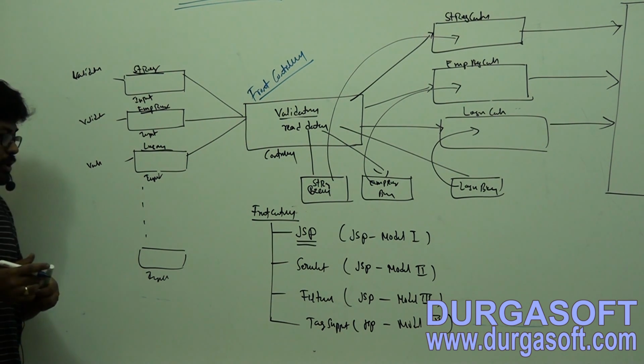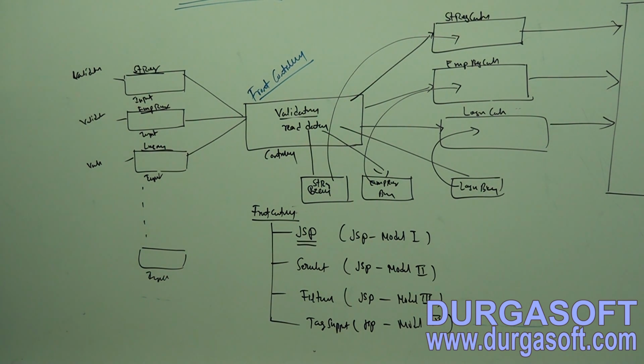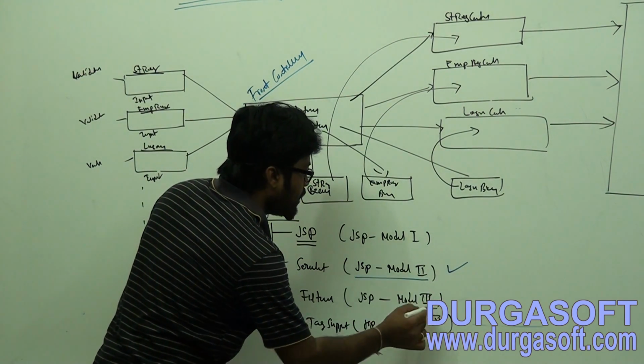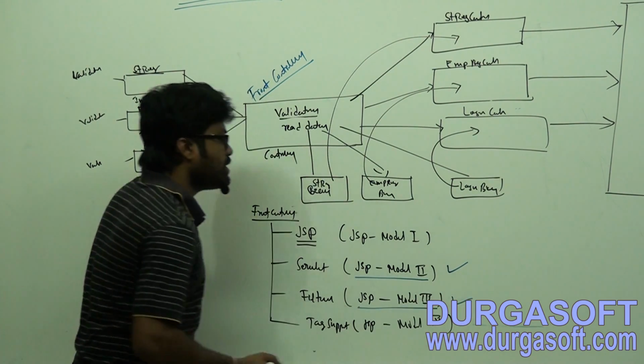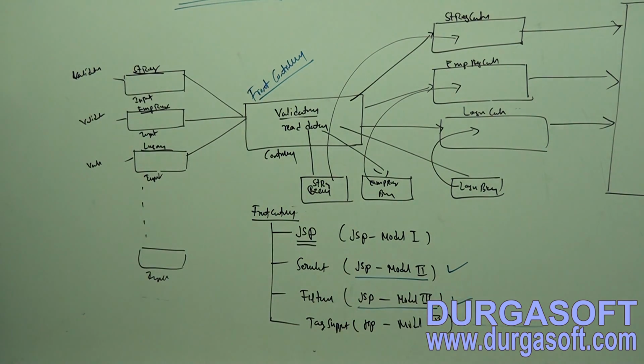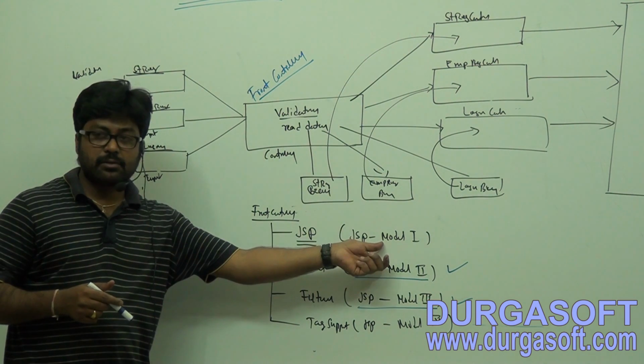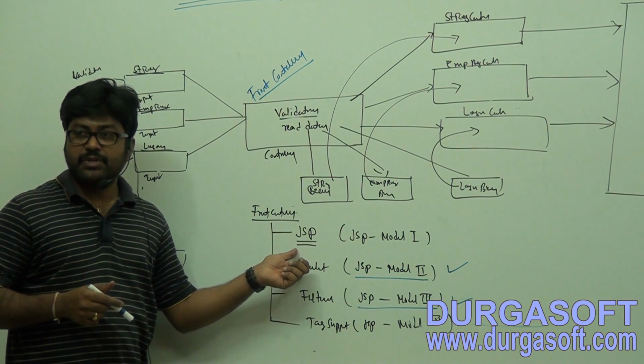In these JSP models, the recommended models are servlets and filters. So JSP model 2 with servlets is a recommended model, and JSP model 3 with filters is also a recommended model. Why are these two recommended, and what about the other two? In JSP model 1, as a controller we have to use a JSP page.